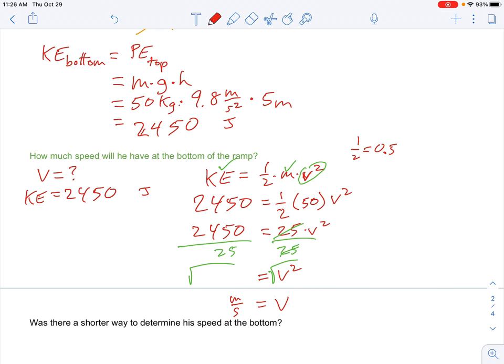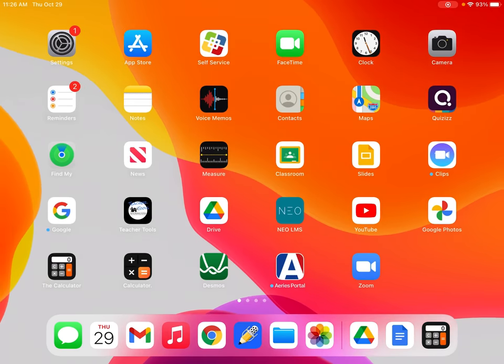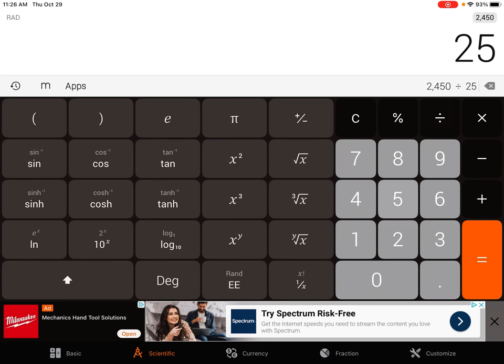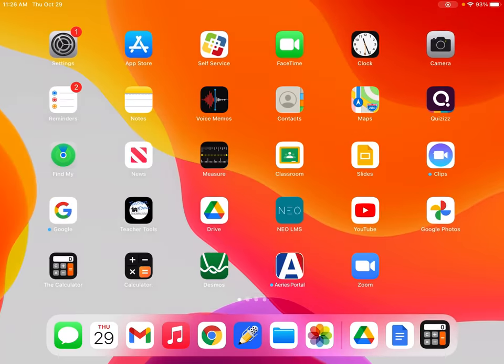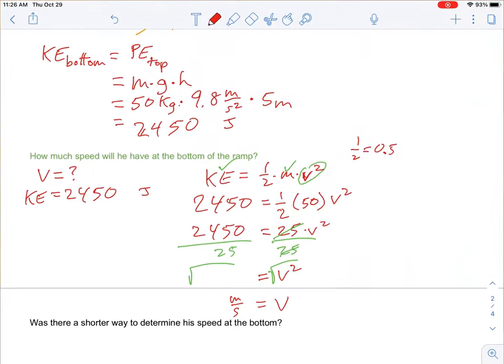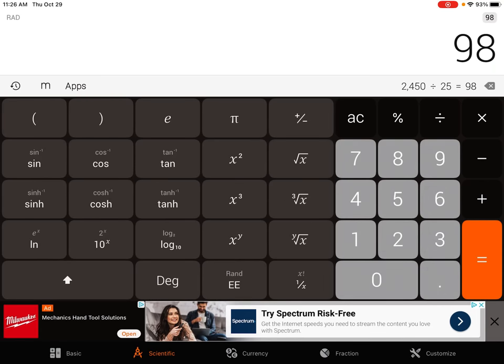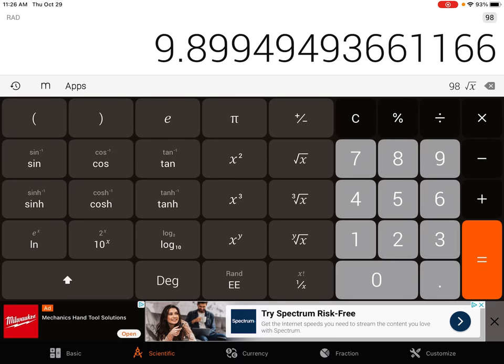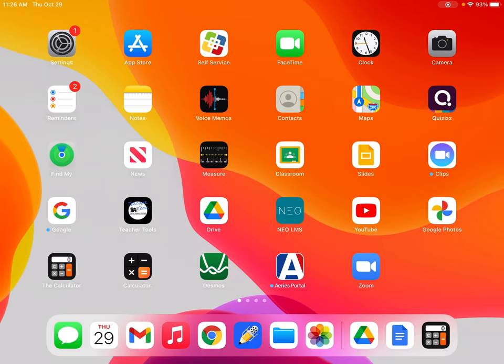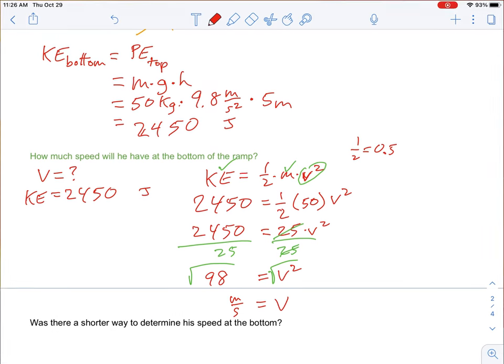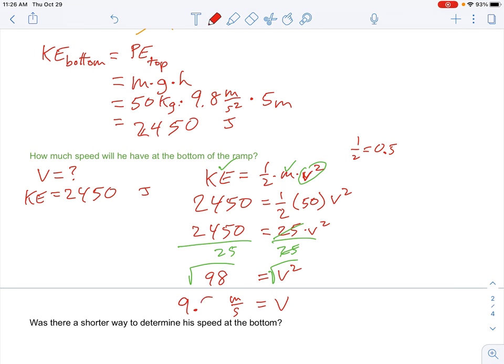And divide that by 25. 98. And take the square root of 98. 9.9. That sounds like a more reasonable speed. 9.9 meters per second.